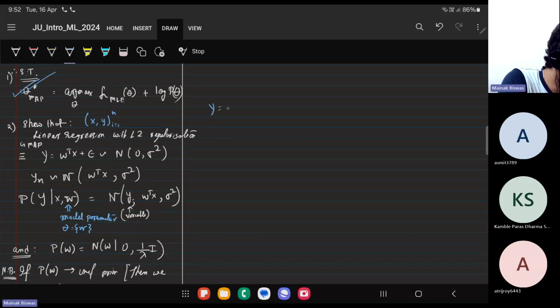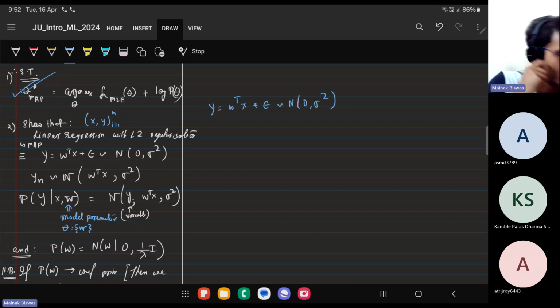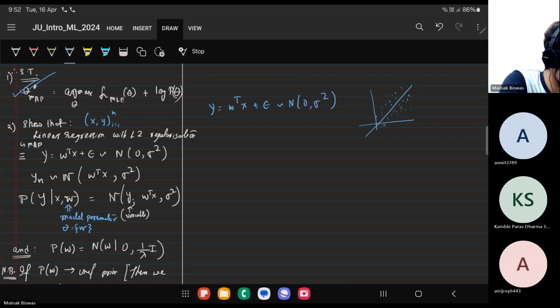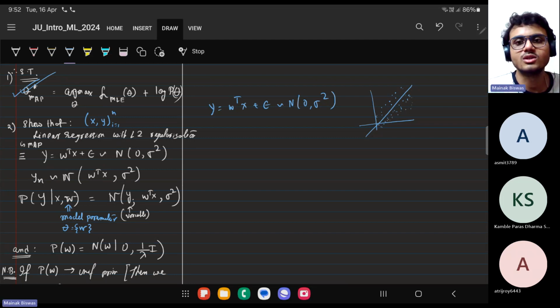Previously I had told you, y is equal to W transpose X plus epsilon is a linear regression model, where epsilon is normal 0, sigma squared. You recall this was your line and the noise was making the points go above and below the line. Do you agree? This was your linear regression model.